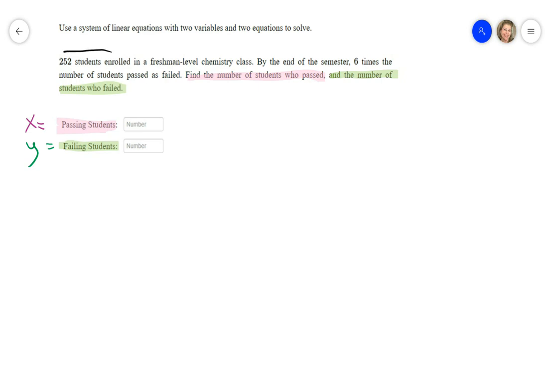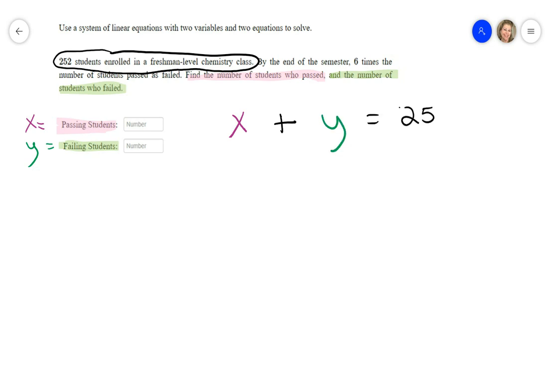There we go. There's 252 students all together in the class. So x of them are passing plus y of them are failing, but that's 252 students all together. Then you go to the second part where it says by the end of the semester, 6 times the number of students passed as failed.